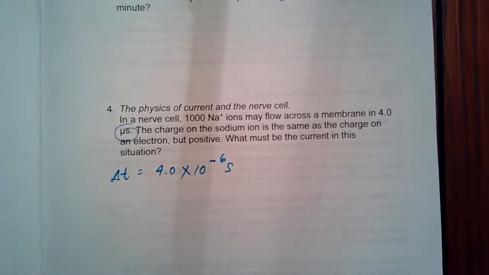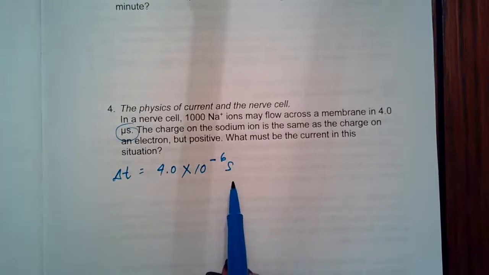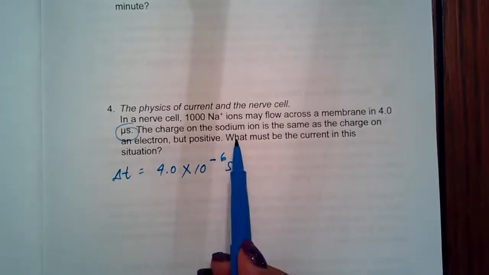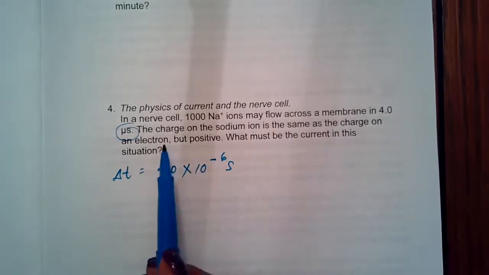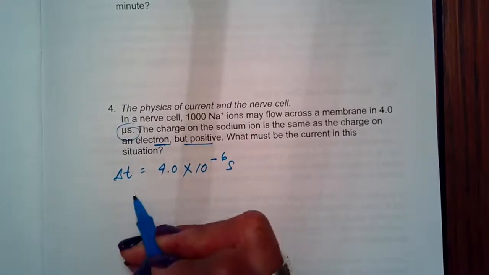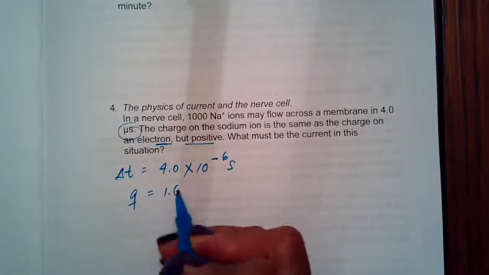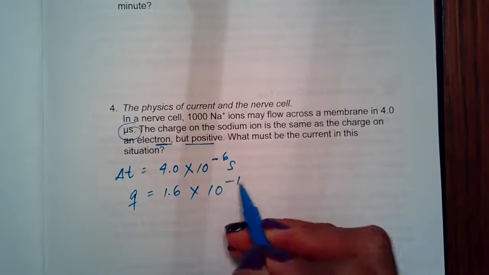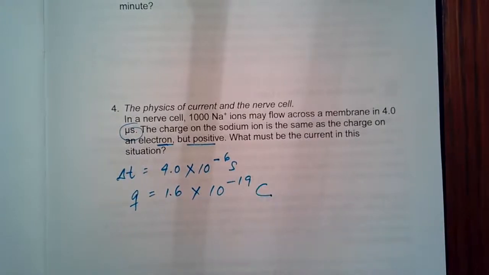We always have to convert all our units to SI or metric units, so you have to convert that to seconds. The charge on the sodium ion is the same as the charge on an electron, but positive. So we know the charge is 1.6 times 10 to the negative 19 coulombs.